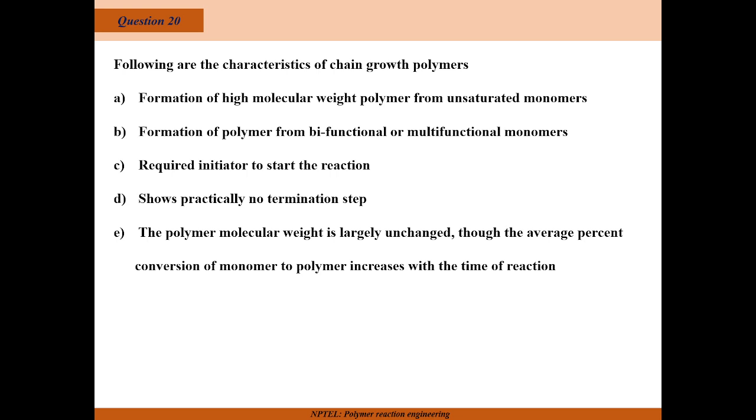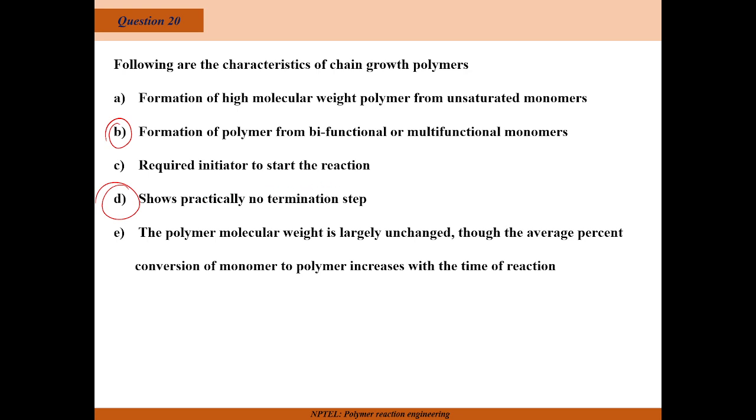So we can say that the statement which is not a characteristic of chain growth polymers is the formation of polymer from bifunctional or multifunctional monomers, which is not a proper definition for this. As I said, bifunctional monomers come with step growth, and chain growth definitely does not show practically no termination.